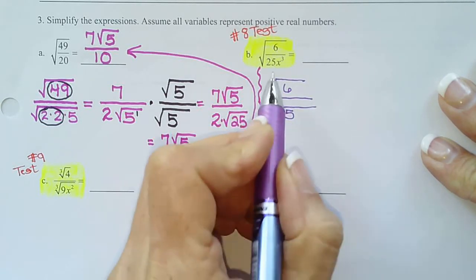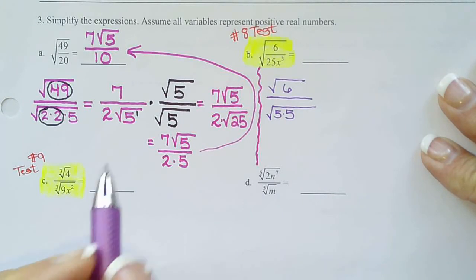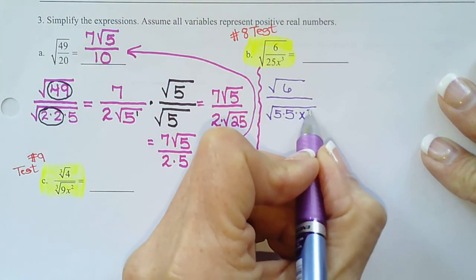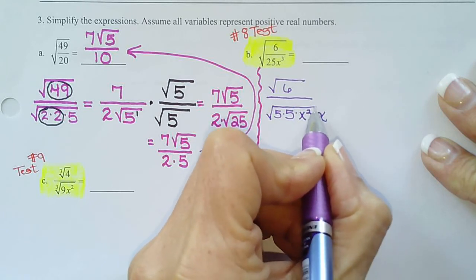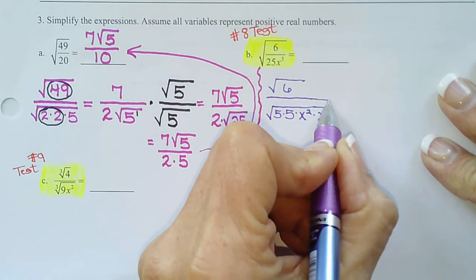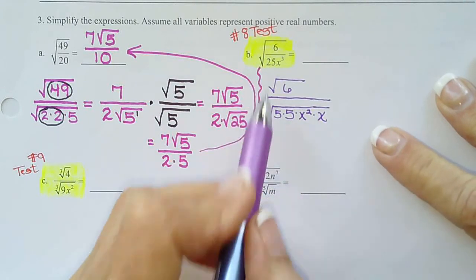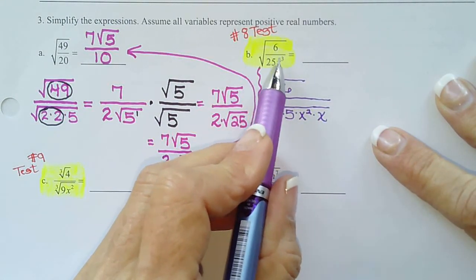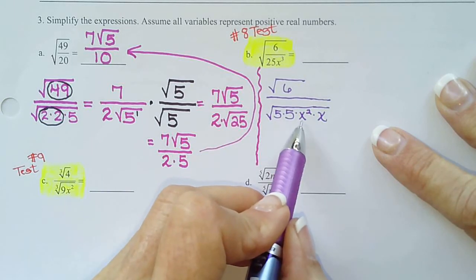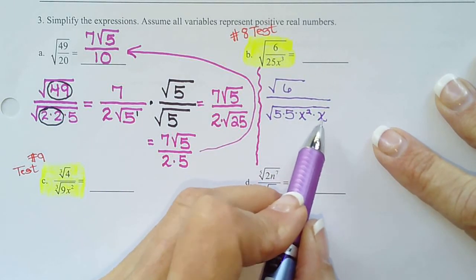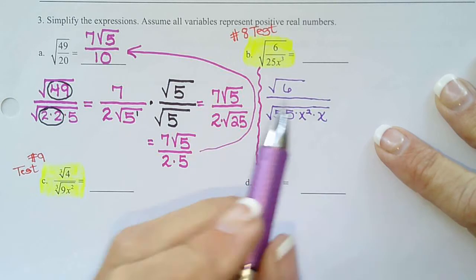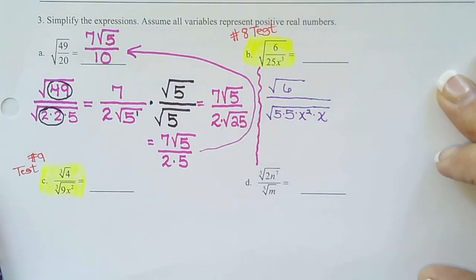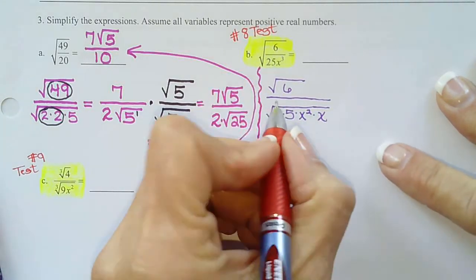And remember how on x cubed, we want it to be a power of 2, so we'll make it x squared and x. So 2 5s for 25. 3's not divisible by 2, so we go down 1 and do 2 x's and then a leftover x. Or you could have written x, x, x. Either way.